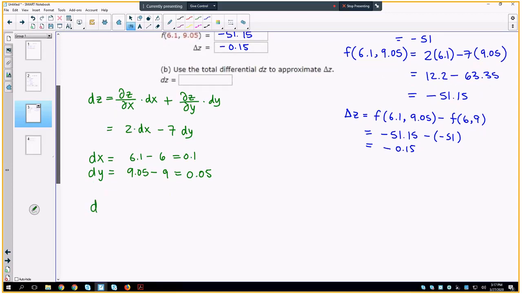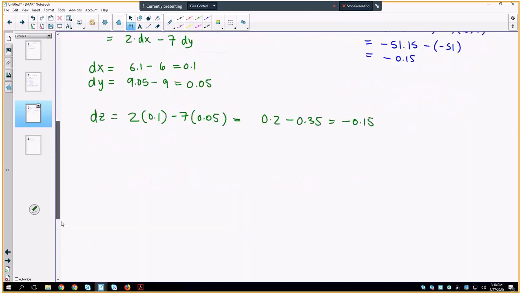Then dz is 2 times 0.1 minus 7 times 0.05, which is 0.2 minus 0.35, which is minus 0.15. So for part B, the total differential approximation of delta z is minus 0.15, and you can see that they agree. So that's very nice.